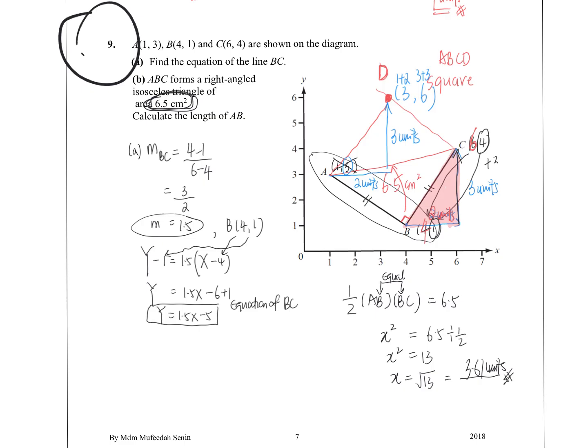So this is a plus 3, this is a plus 2. The x coordinate plus 2, the y coordinate plus 3. So same thing, if I want to shift from A to D, it must shift in the same way since it's a square. So my x coordinate, I should add 2 units to the right, and then my y coordinate, I should add 3 units upward. So that's why I get 3, 6. If I want to find a possible coordinate of D.